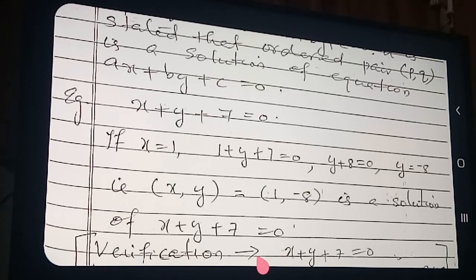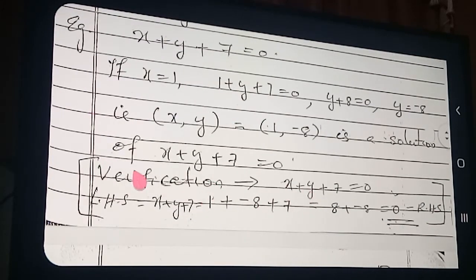For your understanding, I have done a verification here. It is not necessary to write what I have written in the bracket; it is only for your understanding. We can verify whether this value of x and y satisfies the equation or not. See here, x + y + 7 = 0 is the equation. I take the LHS part and put the value of x as 1 and the value of y as -8.